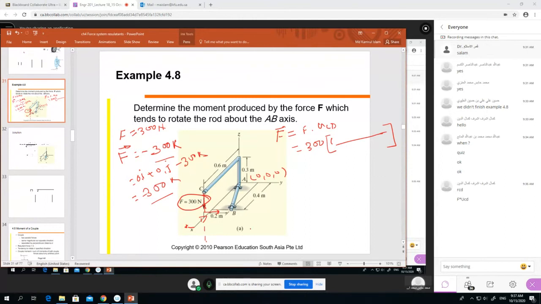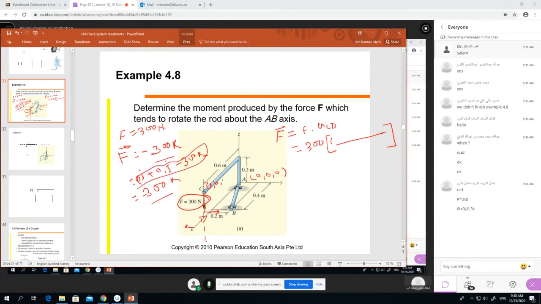C and D, right? So what is the C coordinate? In the x direction C is 0.6. That is what I have written there.